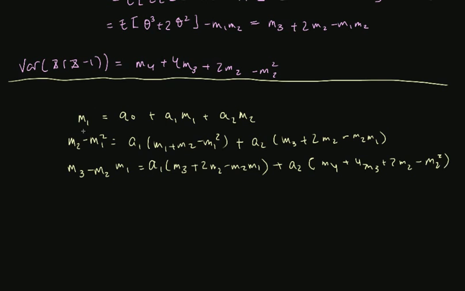So this is the system of equations that govern what a0, a1, and a2 should be. Now, depending on the exact values of m1, m2, and m3, this will either have a unique solution, no solution at all, or maybe multiple solutions. It's hard to say a lot about this right now because we don't know exactly which values the m's take, and depending on those values, they could cancel each other out or do weird stuff that we cannot really predict.